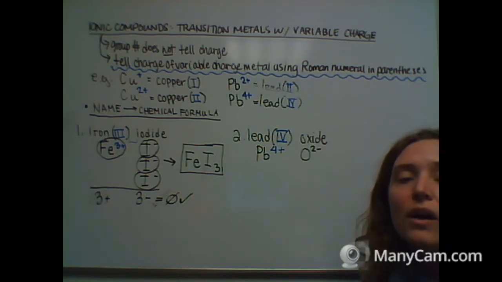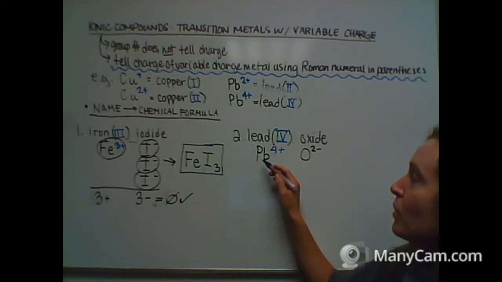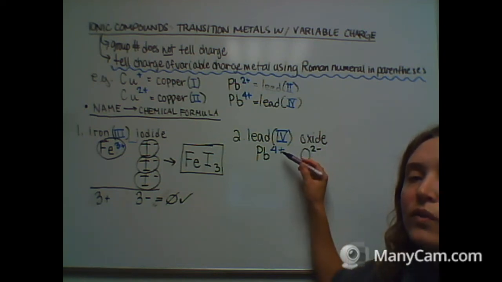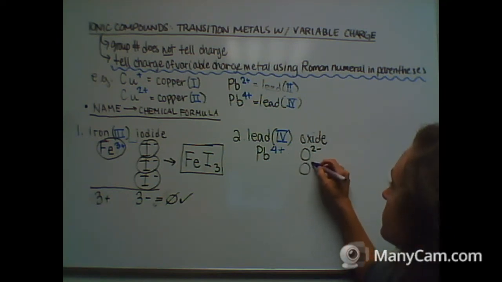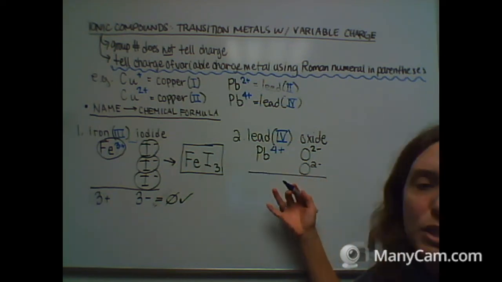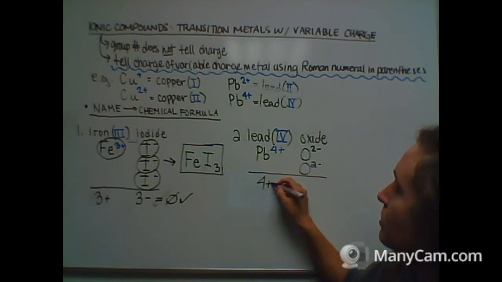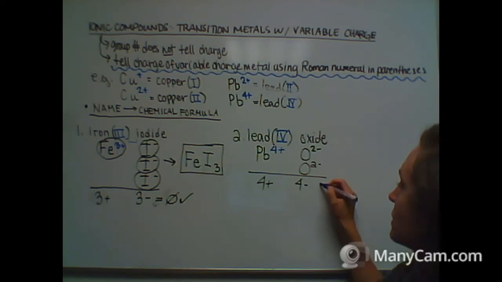Now we're going to figure out, in order to cancel out the overall charges, how many oxides we need for how many leads. Well, we have a 4+ and a 2-. So how many 2- do we need for the oxides to cancel out the 4+? We need 2 total, right? So we write those there. Just to be sure, we're making sure that the overall charges cancel. So we've got 4+ for the cation and 4- for the anions, right?